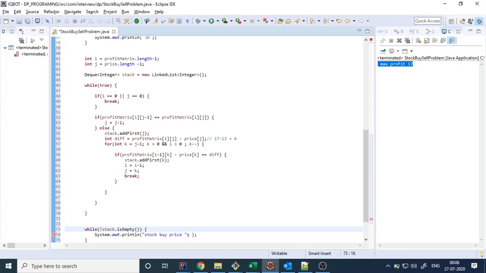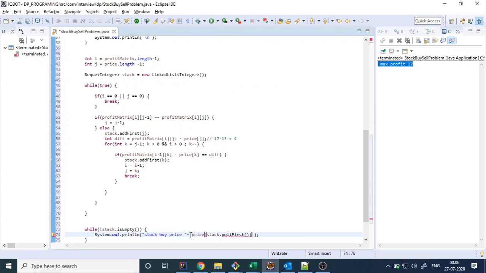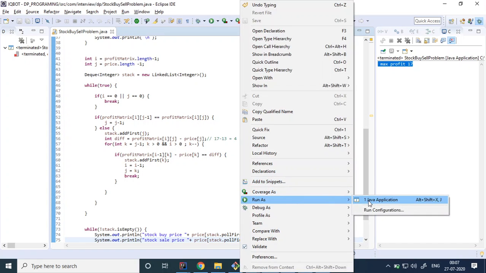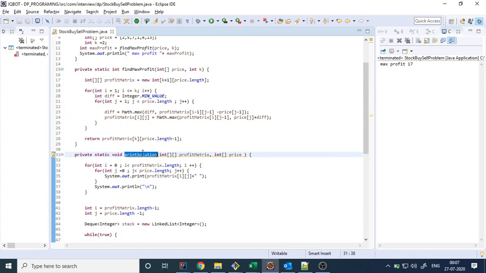This is not equal to empty, and here is the buy price of stack dot pull first, stack dot pull first, and similarly the stock sale price, the sale price of the stock first. If you see it, okay, sorry, I have to call this method by some name here.